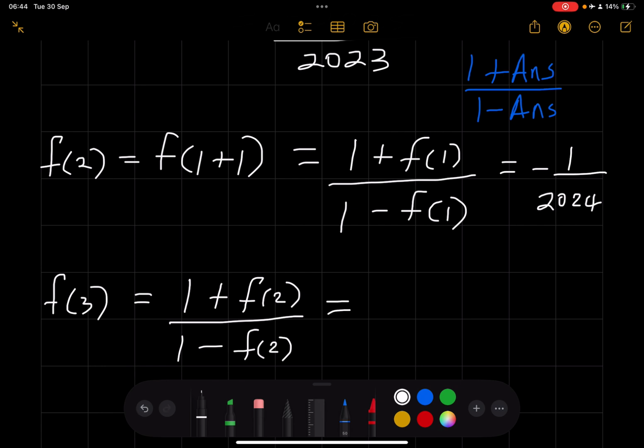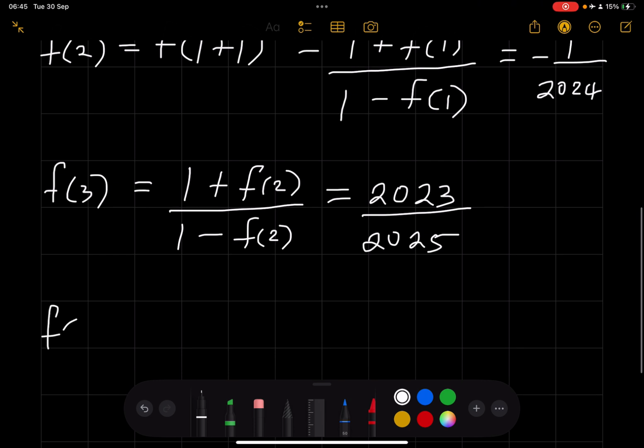If you press equals, it's going to give you f(3), which is 2023 over 2025. Perfect. And then let's get f(4). For f(4), we just press equals on the calculator because our previous answer is saved. So f(4) will be 2024.